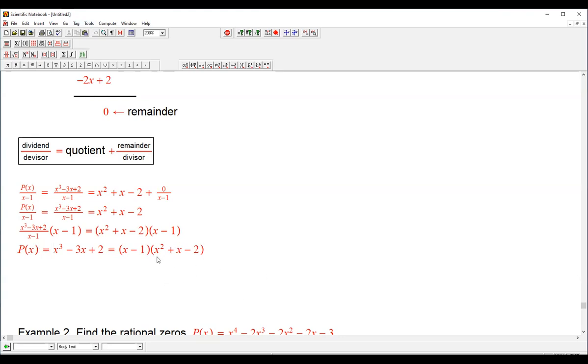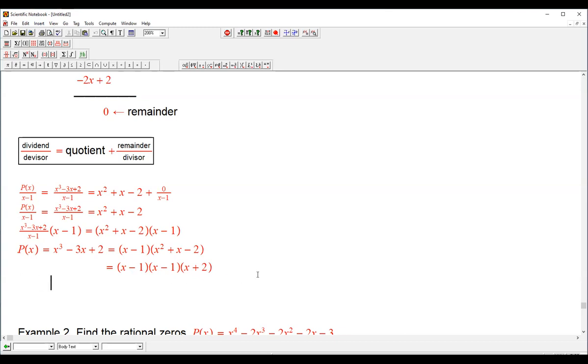You can continue to do long division on x squared plus x minus 2, or here, the factoring is already pretty obvious, so you don't need to. To completely factor, you get x plus 2 times x minus 1 times x minus 1.